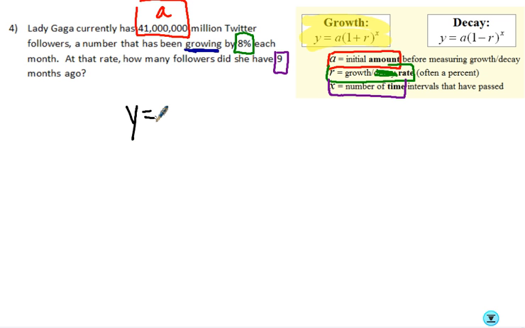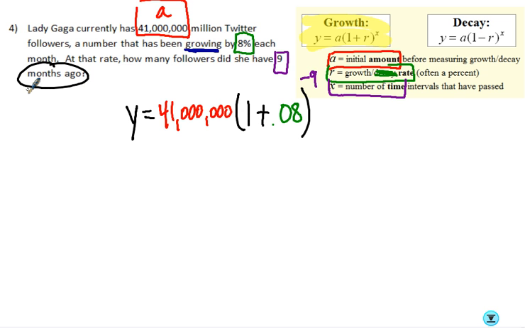So we've got y equals 41 million times 1 plus the rate, which is 8%. And now here's what's different about the time: we're going back in time. So instead of it being a positive 9, it's a negative 9. Let's make a note to ourselves as far as what just happened.